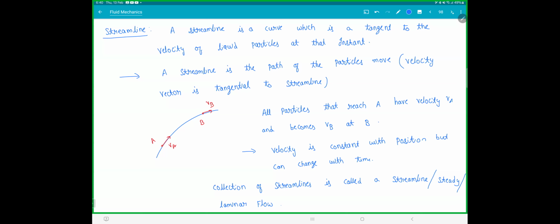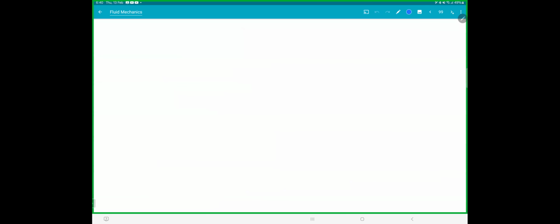Let's see a few more points about the streamline. Two streamlines never intersect. Why? Because look at the definition. It is the path of the particles. If you have two streamlines intersecting, you're saying the particle is going along both lines, and that's not possible. So streamlines never intersect. Another way to argue is, at the point of intersection, there are two tangents.